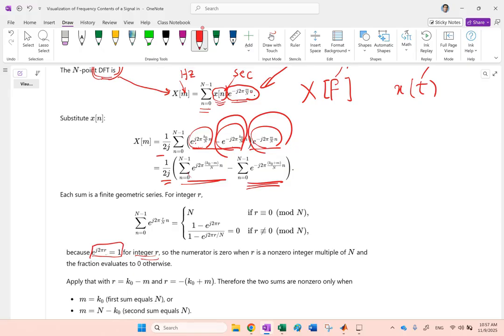So considering this knowledge that we have and the result that we got for X of m, I can say that a summation like this, which is similar to both of them, is equal to n if this ratio r over n has modulus 0, which means it is an integer, a multiple like 2, 3, 4.